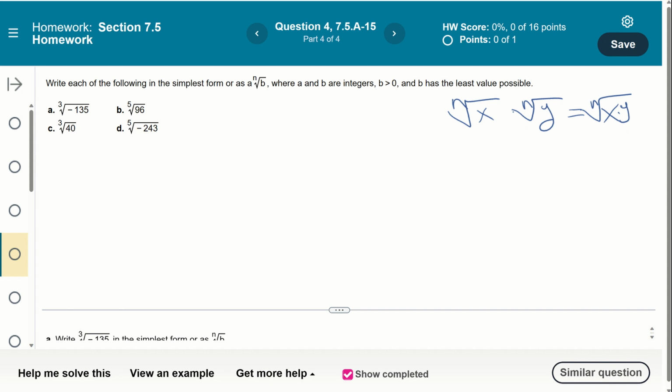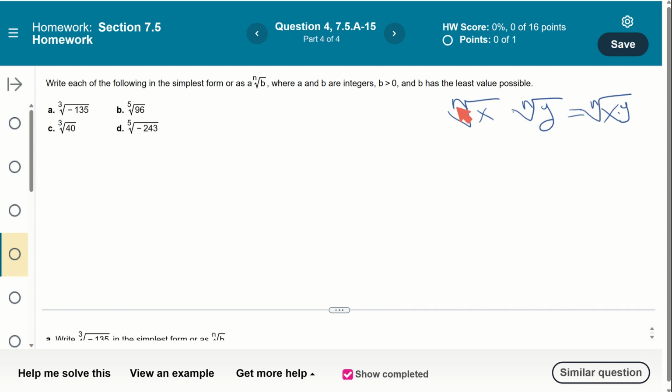This is definitely so if all the radicands are non-negative. With negatives, it works as long as we have a well-defined odd index.